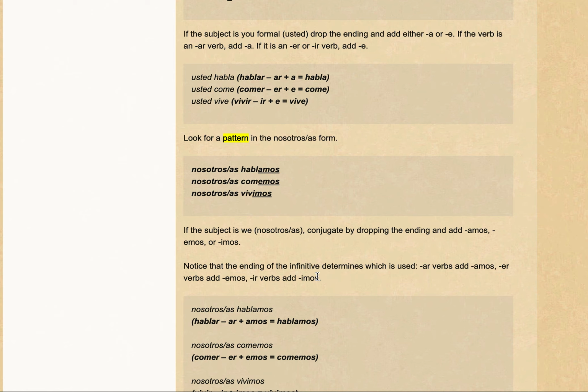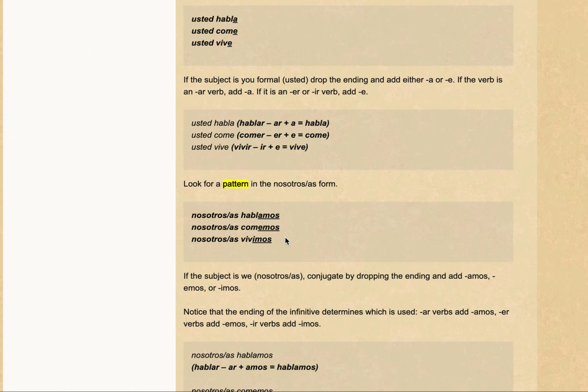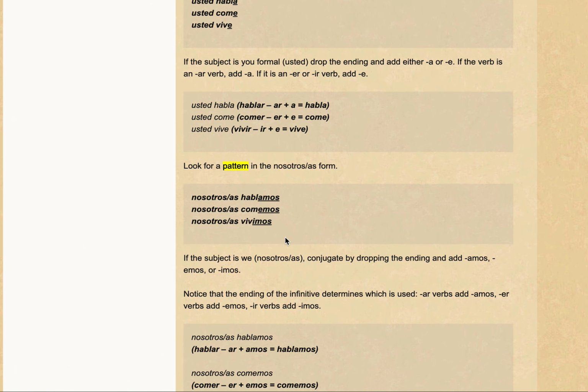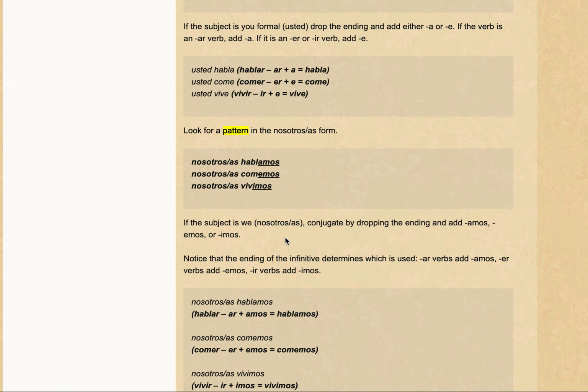AR verbs add amos, ER verbs add emos, IR verbs add imos. So: nosotros hablamos, nosotros comemos, nosotros vivimos. Okay, so that is it.